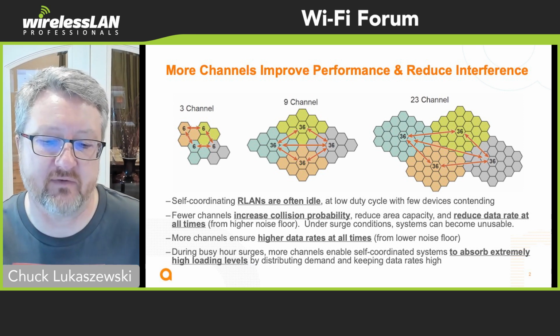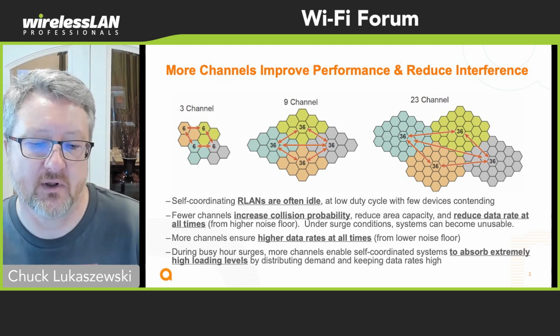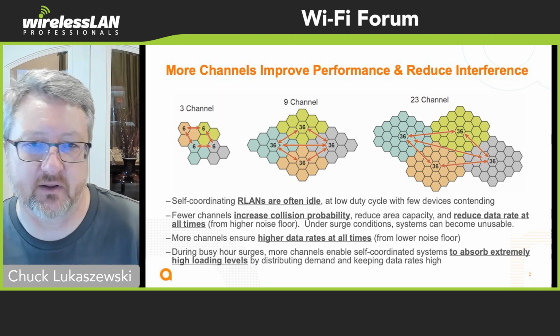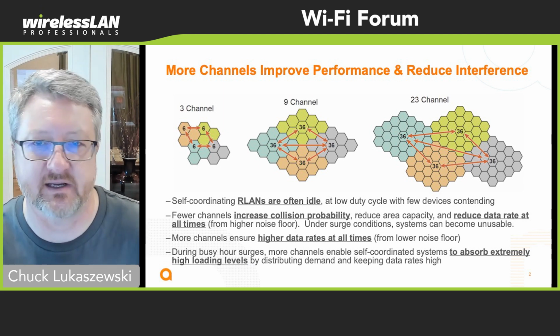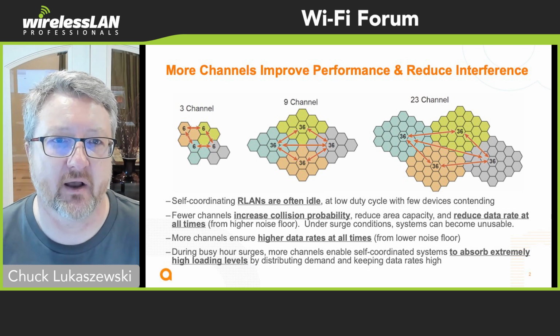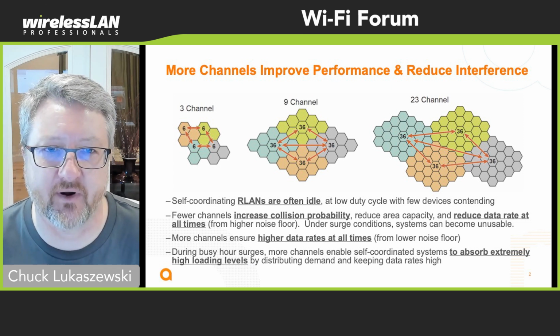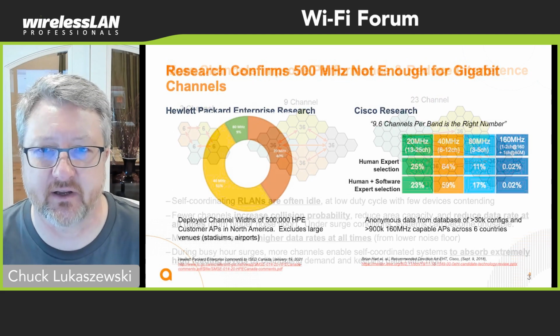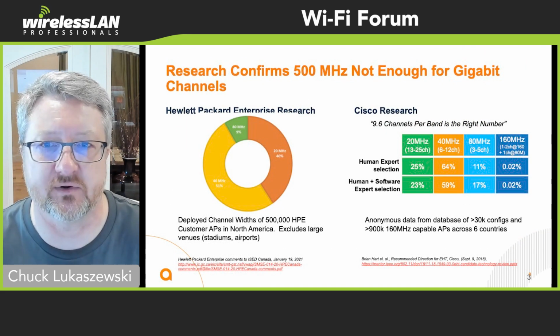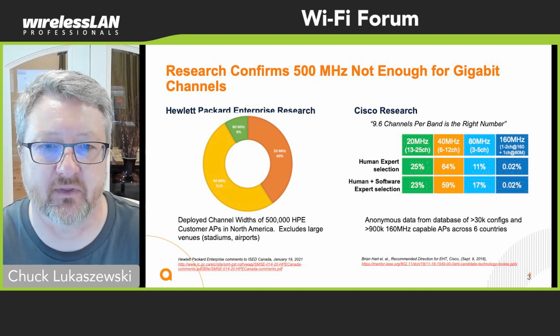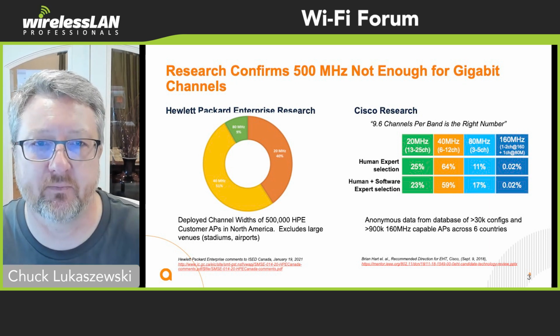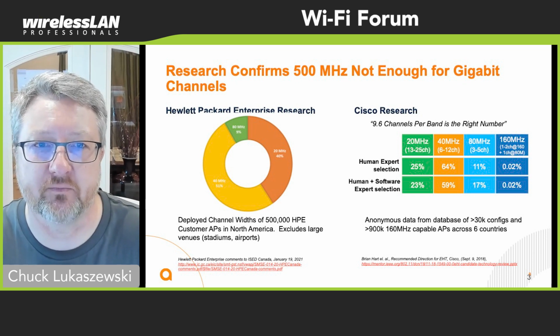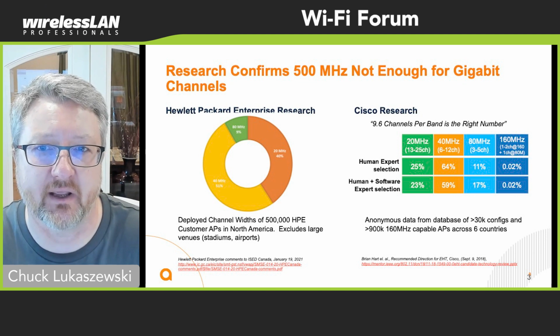Even though in 5 gigahertz, depending on the country, we have anywhere between 4 and say 6 80 megahertz channels, very, very few people actually run those bandwidths. The reason is that by increasing the reuse, we sacrifice the peak data rate, because we cap the burst rate, but we improve the noise floor in the environment, and that allows us to absorb more load.